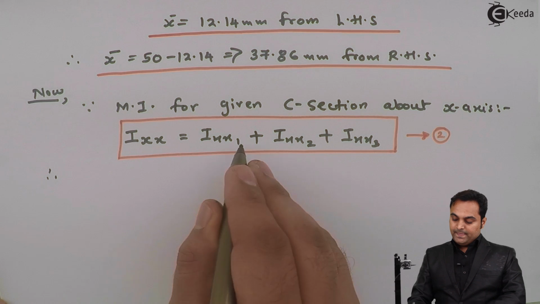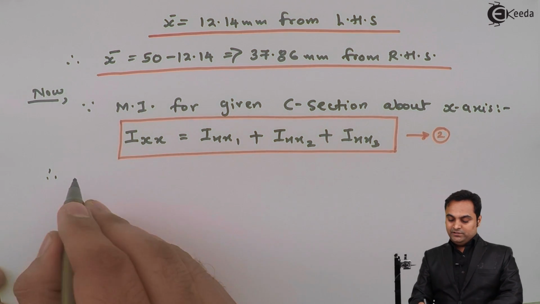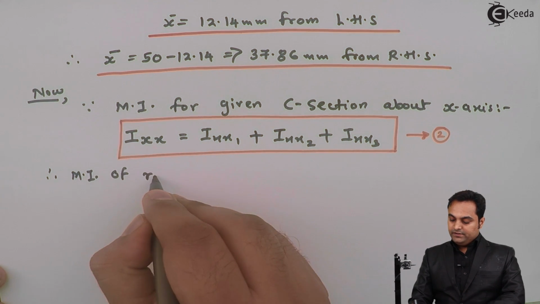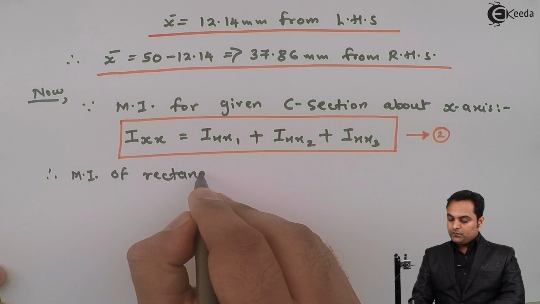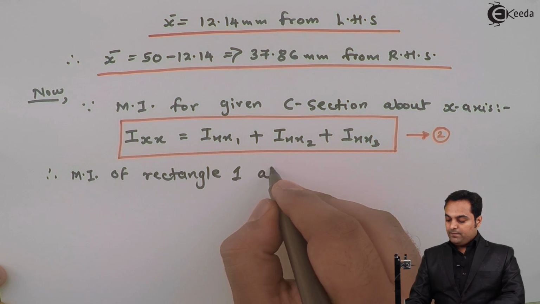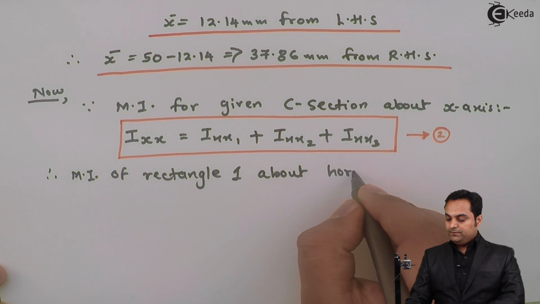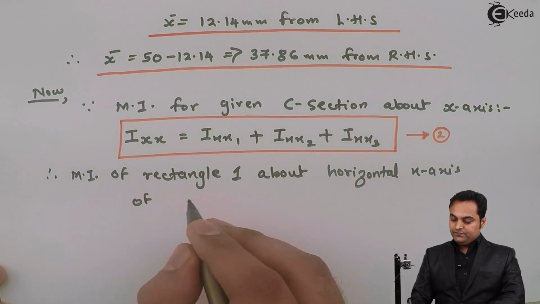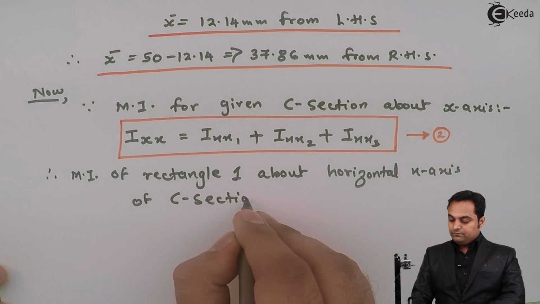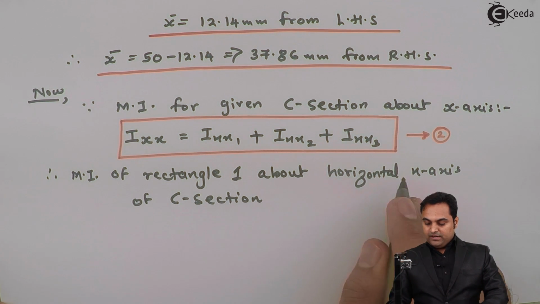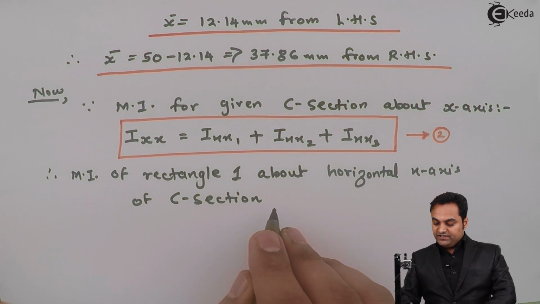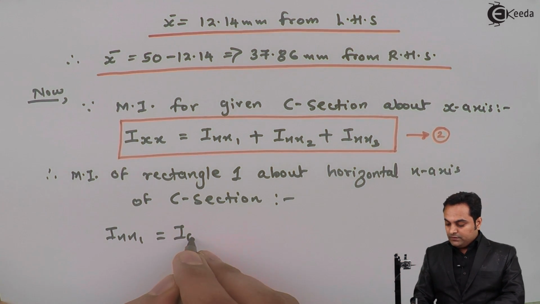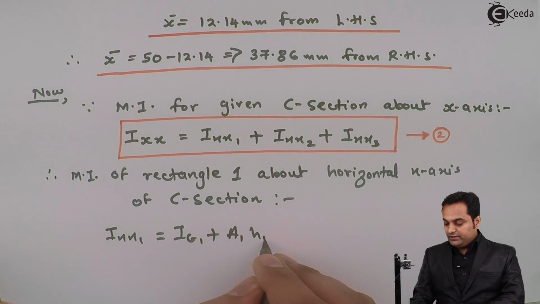So starting from Ix1, what is Ix1? That is MI of rectangle 1 about the horizontal x axis of C section, that is given by Ix1 is equal to Ig1 plus area 1 into h1 square.